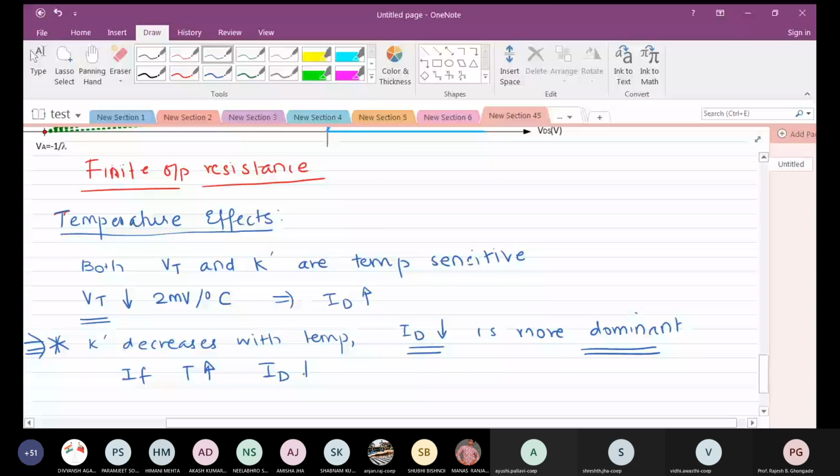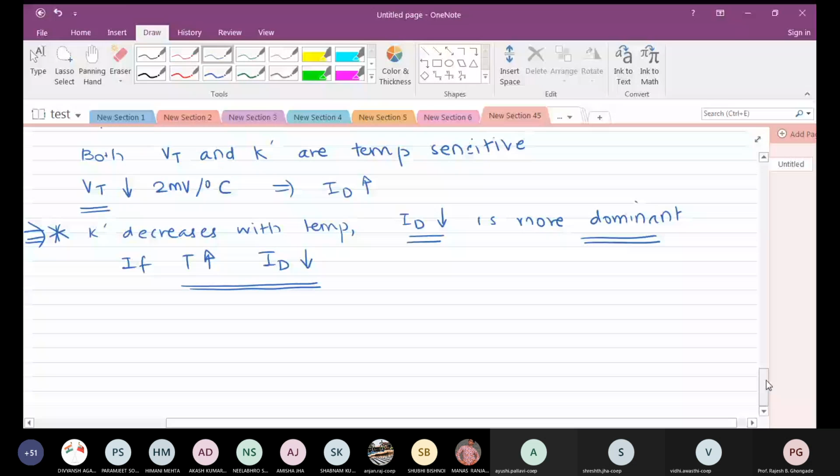Now recall, in the bipolar junction transistor, what was happening to IC if temperature increased? IC increased, and then it gave rise to what is called thermal runaway.